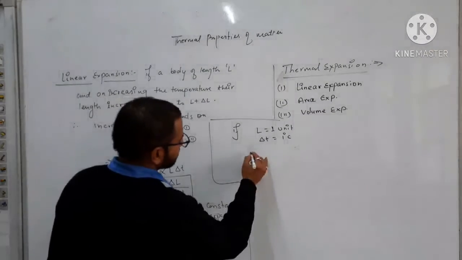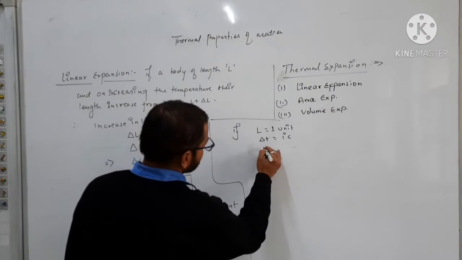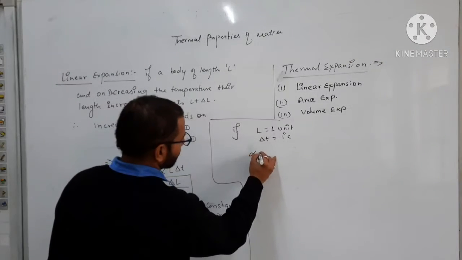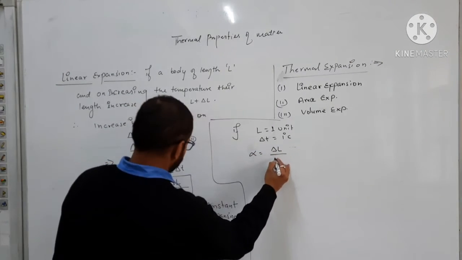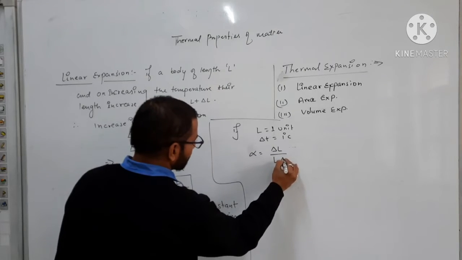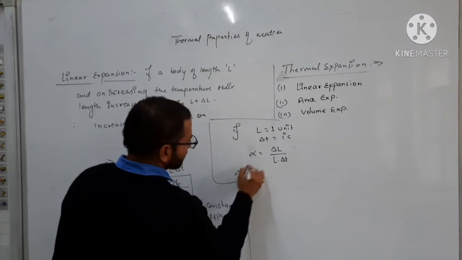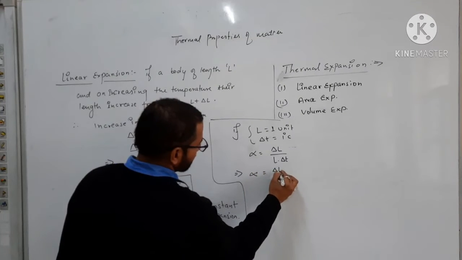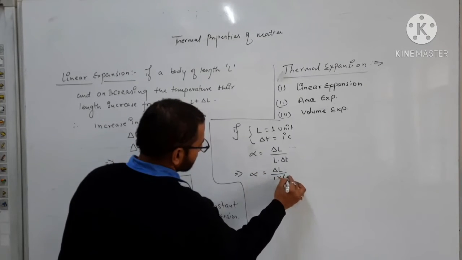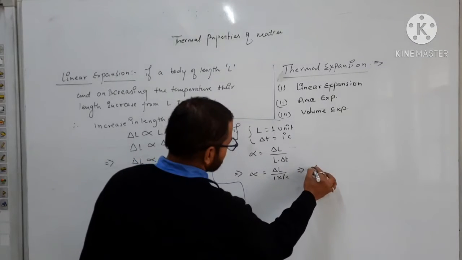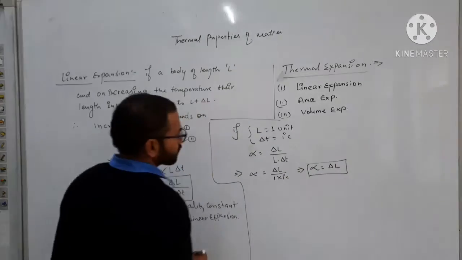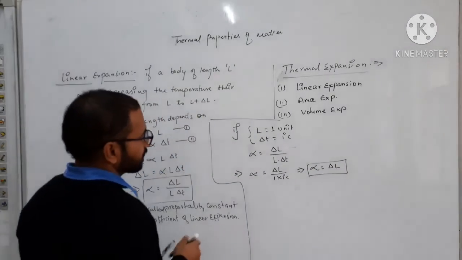In the formula, alpha is equal to delta L over L into delta T. If you substitute all the values, alpha is equal to delta L into 1 degree Celsius. So it implies alpha is numerically equal to the change in length. So we can define it.